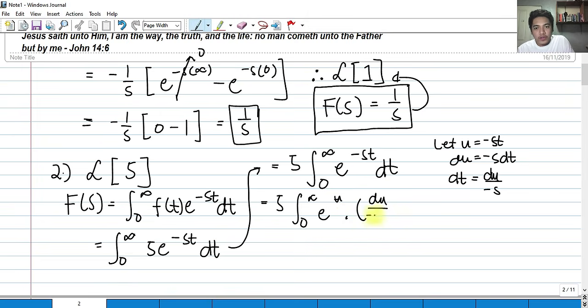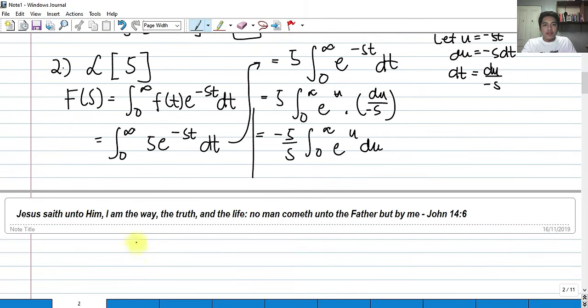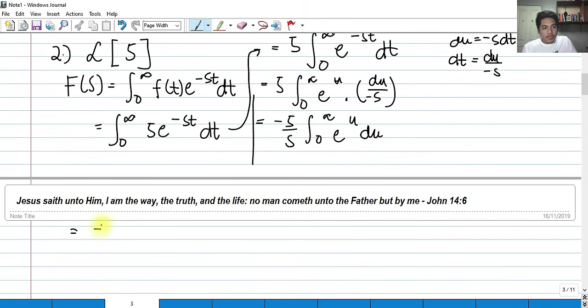So I can factor out negative 1 over s because we are integrating in terms of u. So we have negative 5 over s times the integral from 0 to infinity of e raised to u du. If we evaluate that again, the integral of e raised to u is simply e raised to u, evaluated from 0 to infinity.